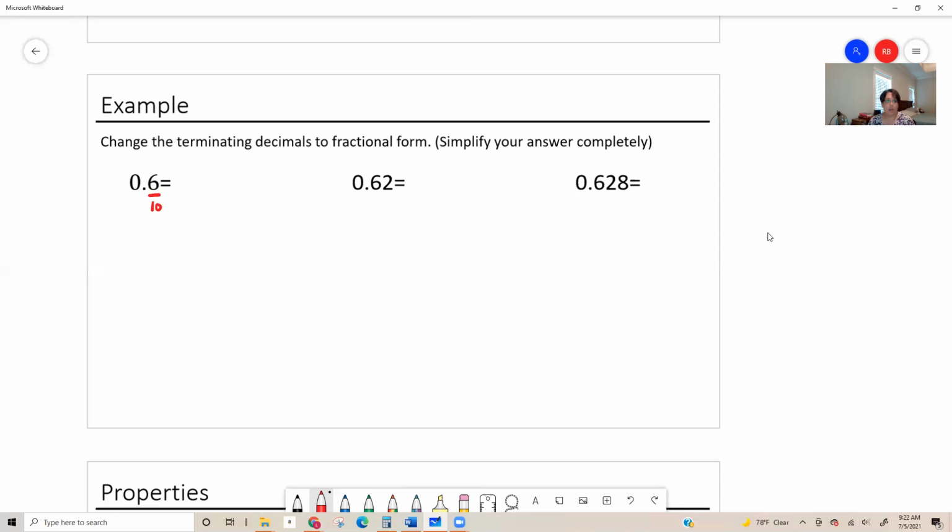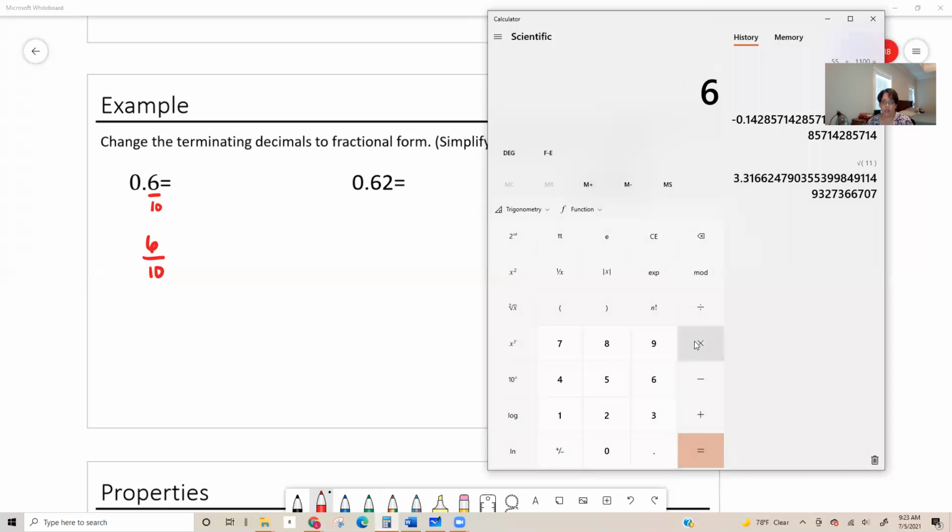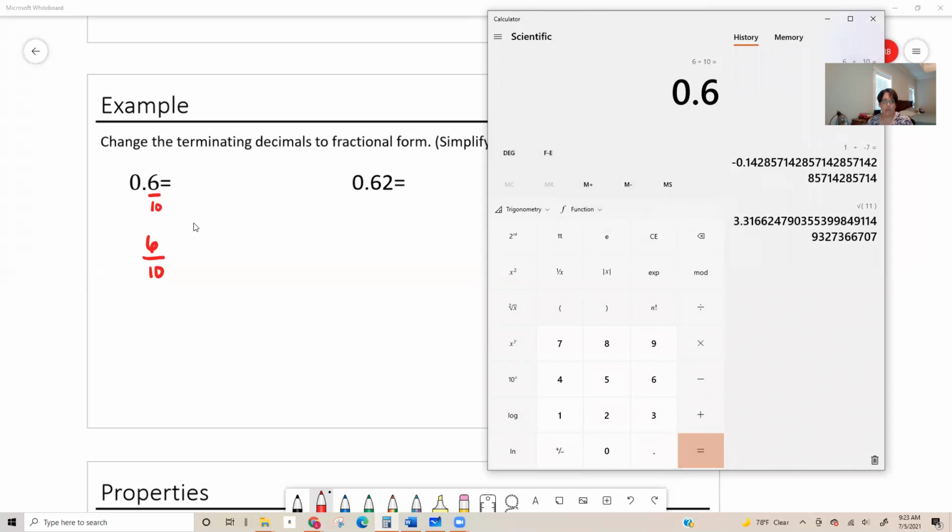So 1 decimal is your tens place, 2 decimals is your hundreds, 3 decimals is your thousands, 4 decimals is your 10,000, and so on. So we can write this as 6 over 10, okay? And if you need to check that, if you're not quite sure, you can just put it in your calculator, 6 divided by 10. And you get 0.6, okay?